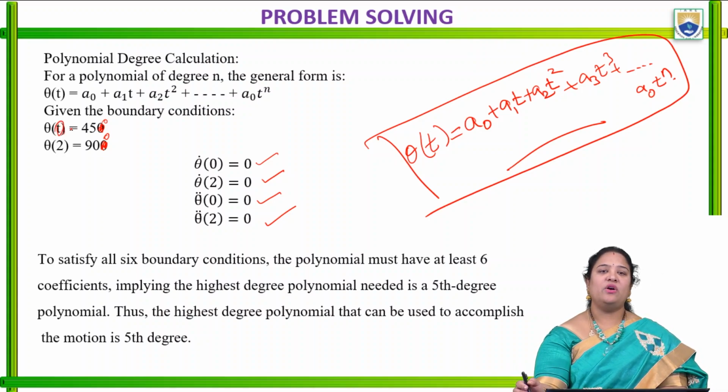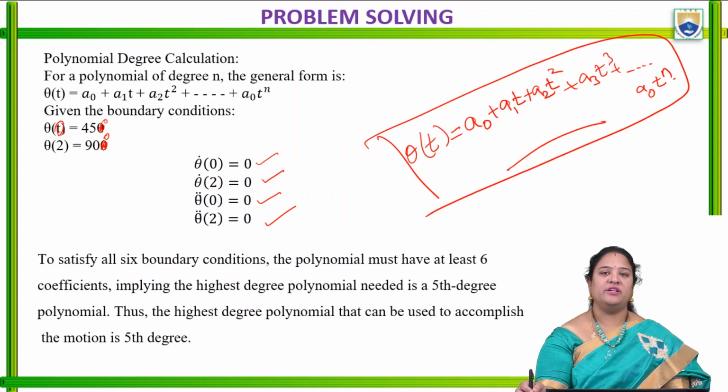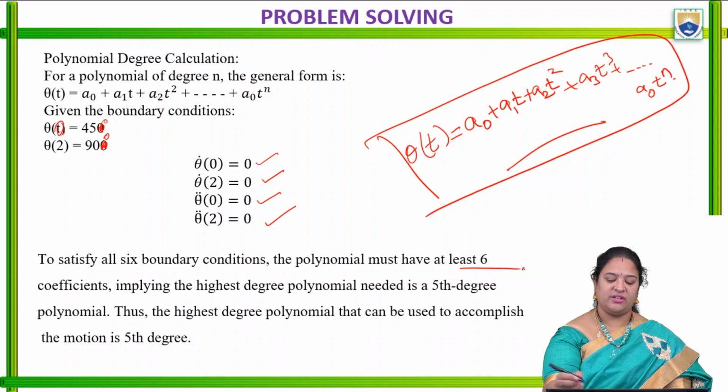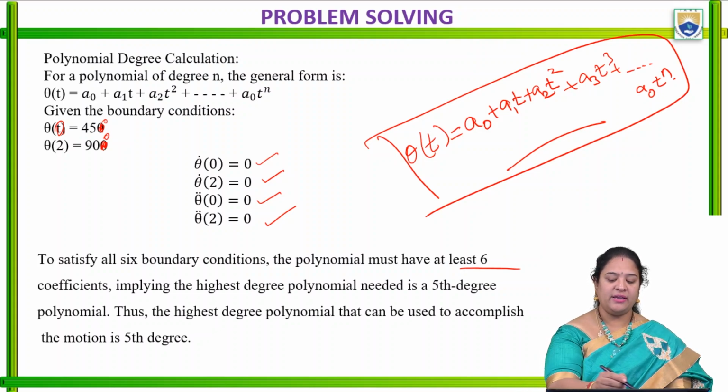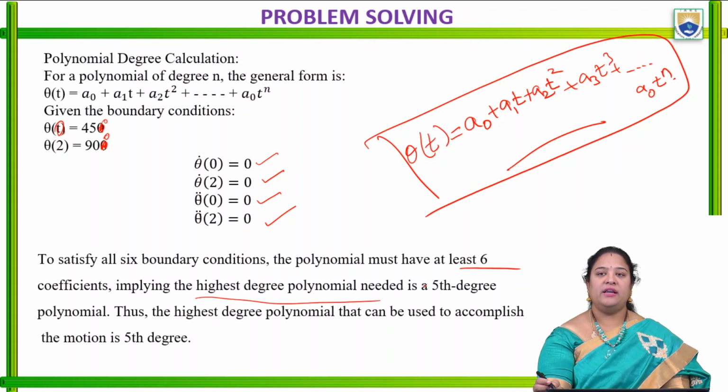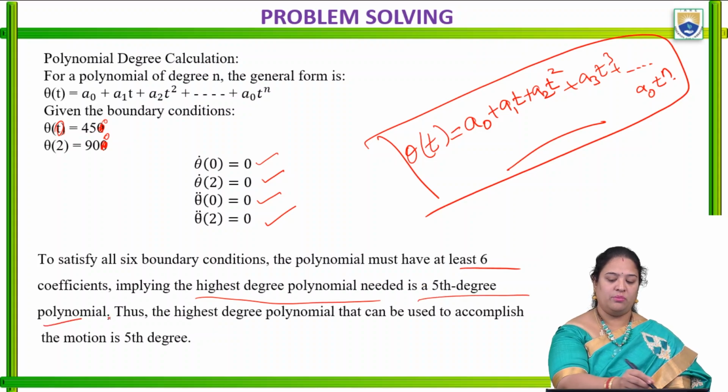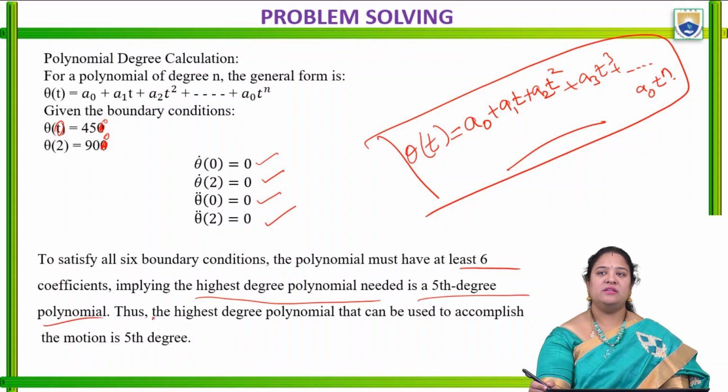So to satisfy all these 6 boundary conditions, the polynomial must have at least 6 coefficients, right? So the highest degree polynomial needed is a 5th degree polynomial.